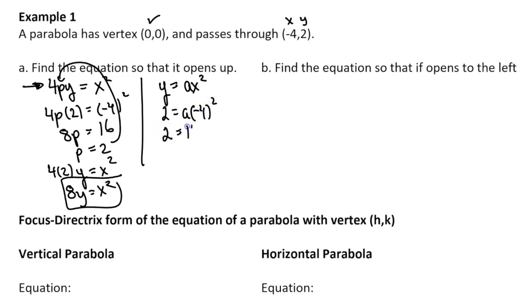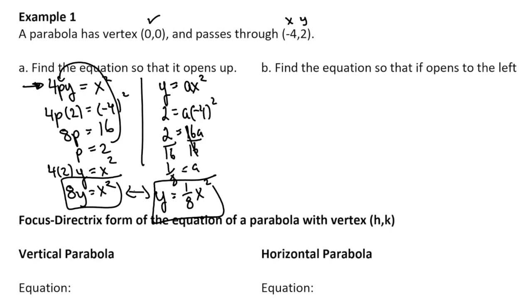Then you would find out that your a value is going to be 1/8, and you could say y equals 1/8 x squared. And guess what? That is equivalent to what we have on the right here. It looks a little bit different, but we found the exact same solution.